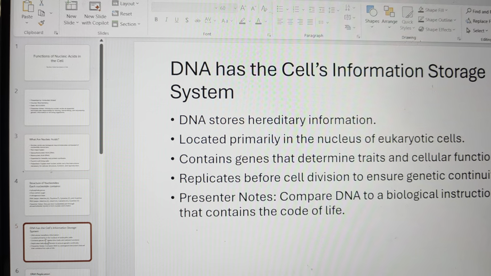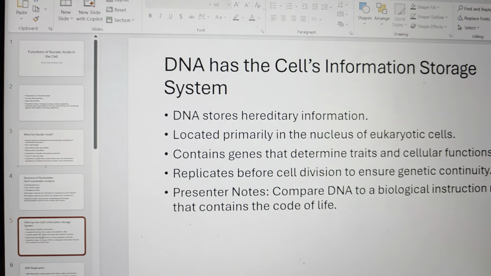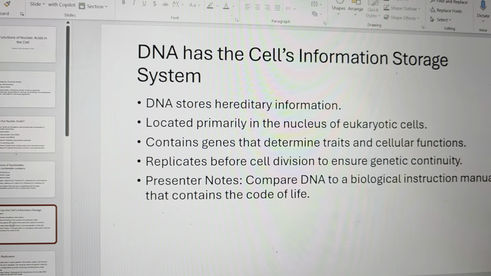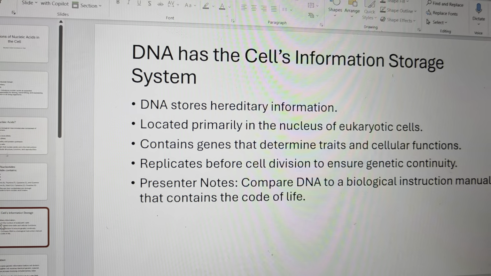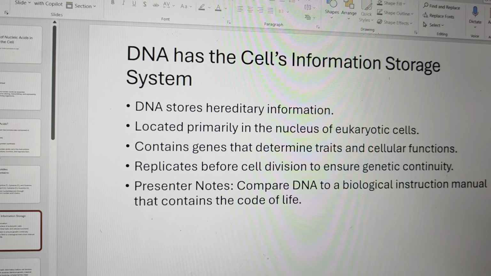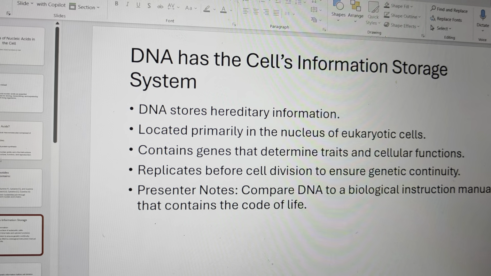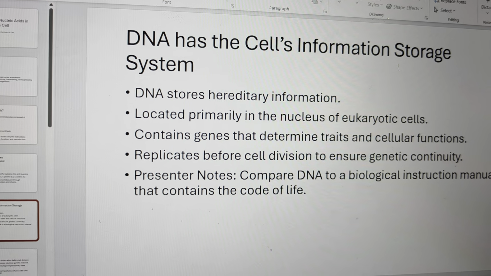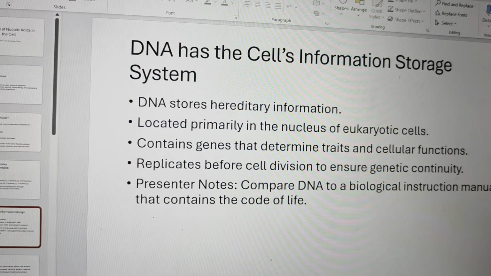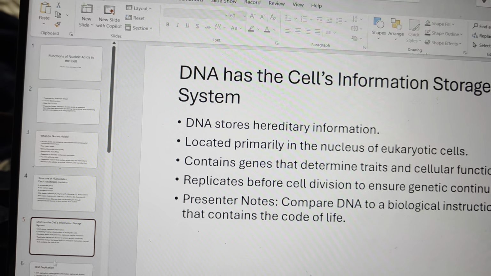It contains genes that determine traits and cellular functions. It also replicates before cell division to ensure genetic continuity. My note here is to compare DNA to a biological instruction manual that contains the code of life.